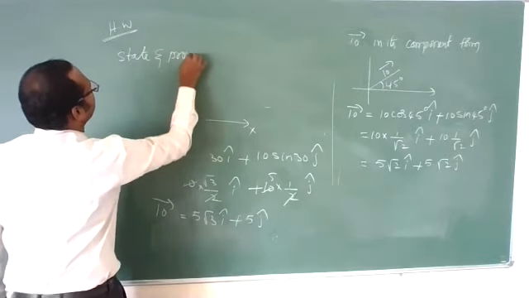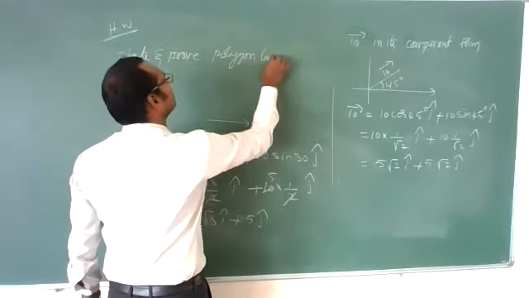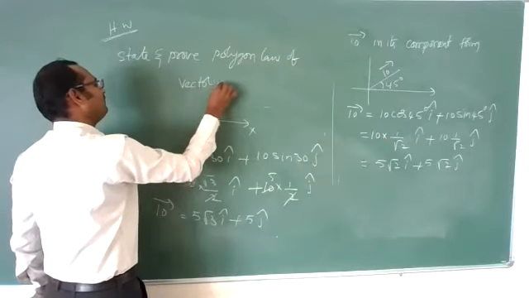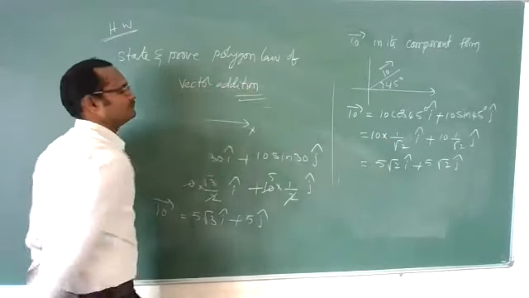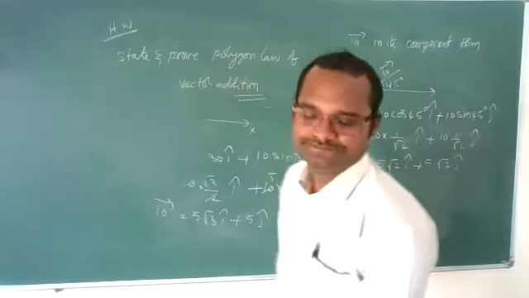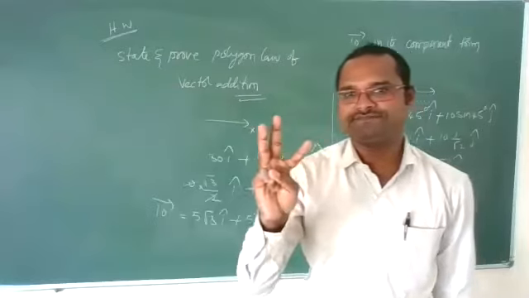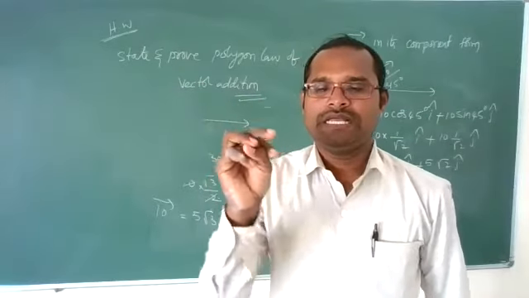Statement 2: polygon law of vector addition. It is also important. So you now have 3 laws of vector addition: triangular law, parallelogram law, polygon law.